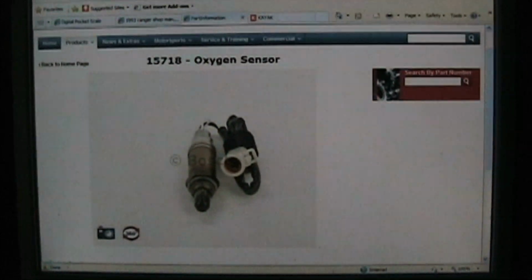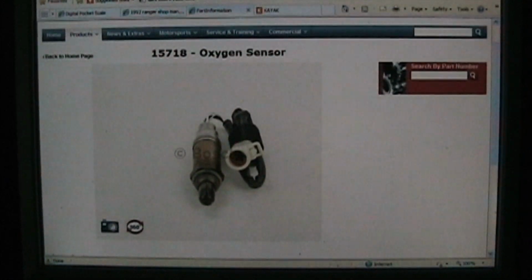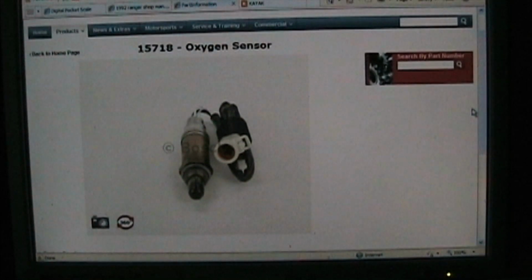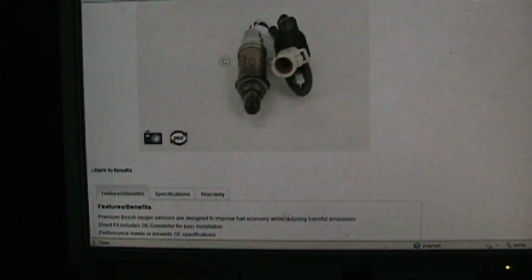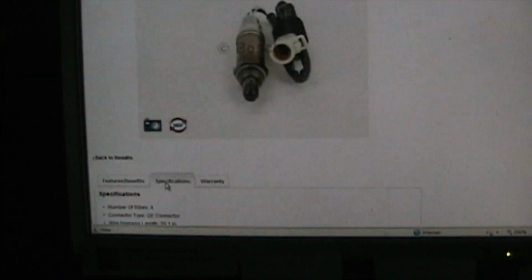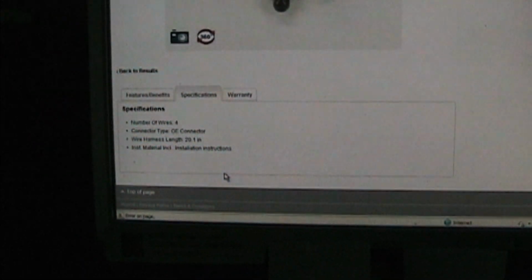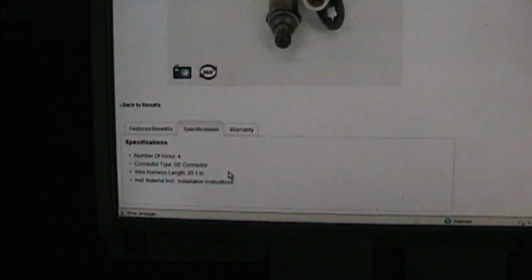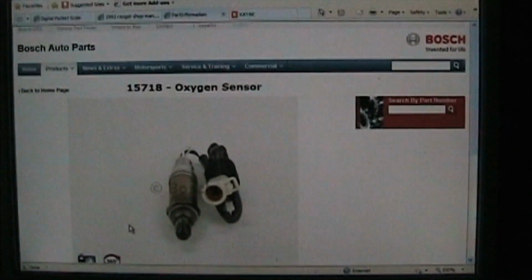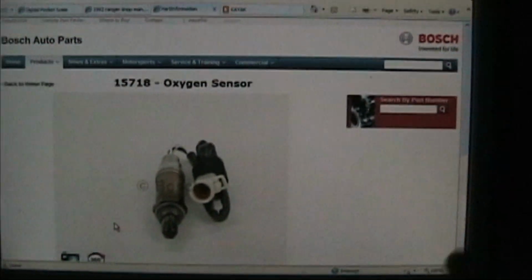Here's the 15718 oxygen sensor, and if we look at the specs on it, it says that the wire harness length is 20.1 inches. That's for the 15718.